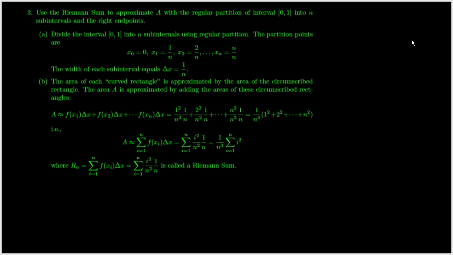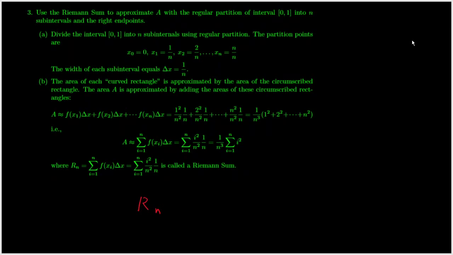Okay, now the big idea. Listen to me carefully. Rn is the Riemann sum. Geometrically, no matter how large the value of n, we have seen a particular case when n is 4.